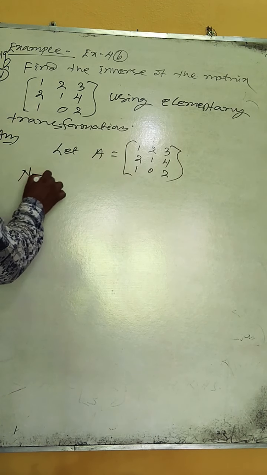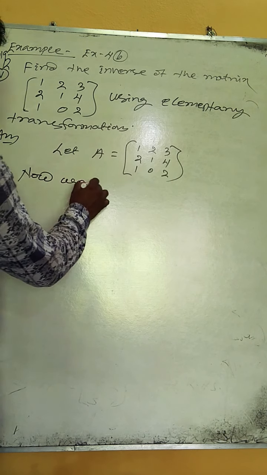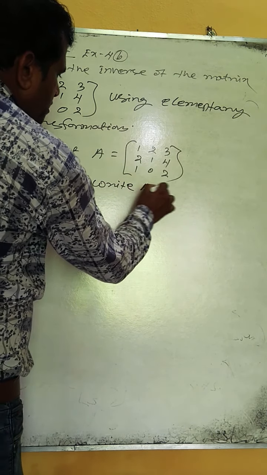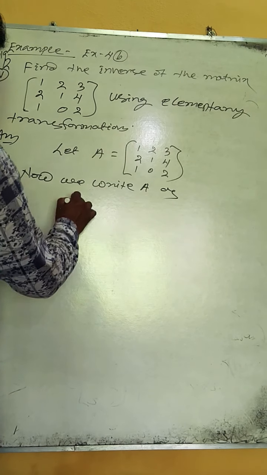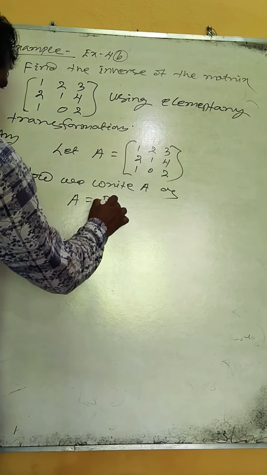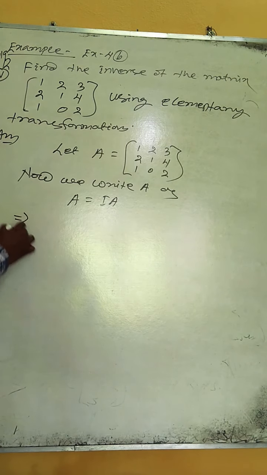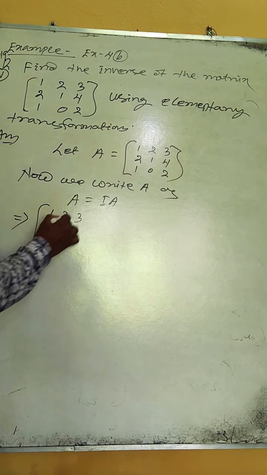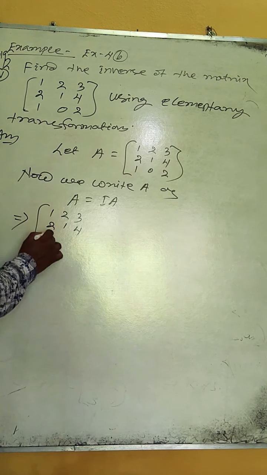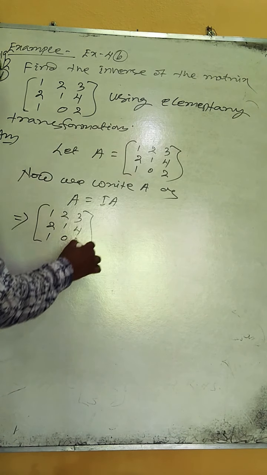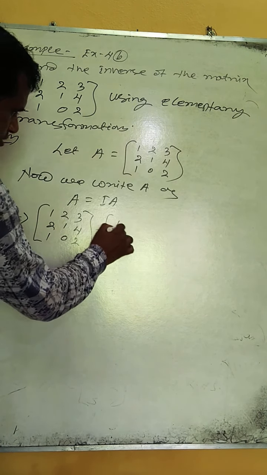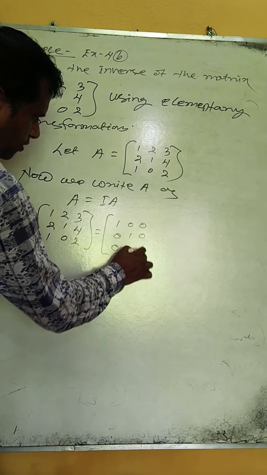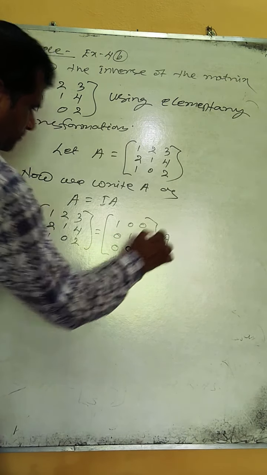Now we write A = IA, that is 1 2 3, 2 1 4, 1 0 2 equals 1 0 0, 0 1 0, 0 0 1 times A.